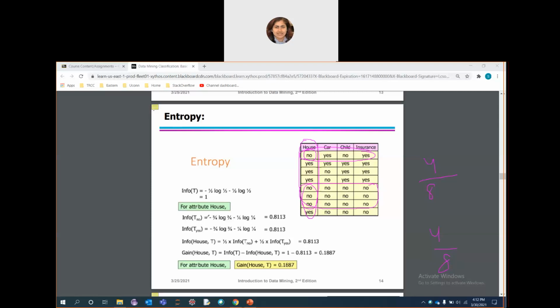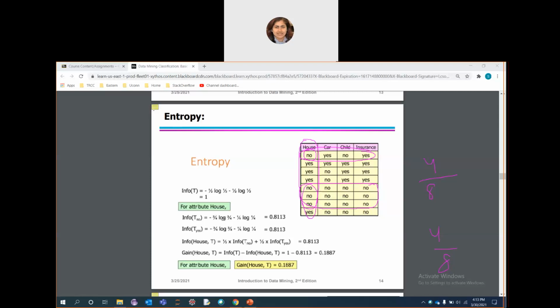First for T no, we are trying to find out the info or the entropy of T no. So out of total 4 no's, how many of the no is associated with yes and how many of them are associated with no? That is our logic to find out the entropy. First we see how many of them are associated with no of the insurance from the house.